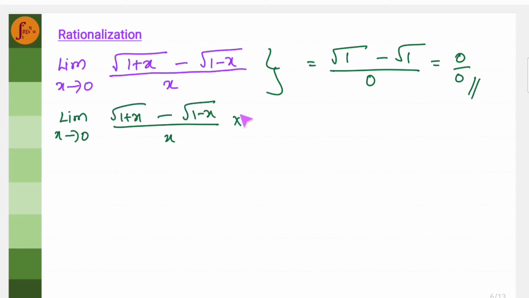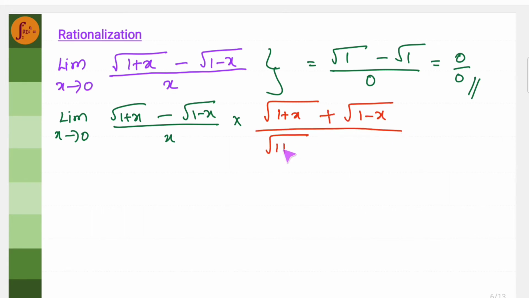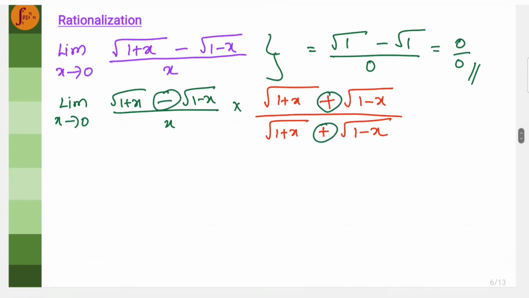We will multiply and divide the numerator and denominator by this expression, which is root 1 plus x plus root 1 minus x. So notice this. This is minus here and this is going to be plus. That's what we do in rationalization. Why we do this is because this will get simplified as we solve it further.